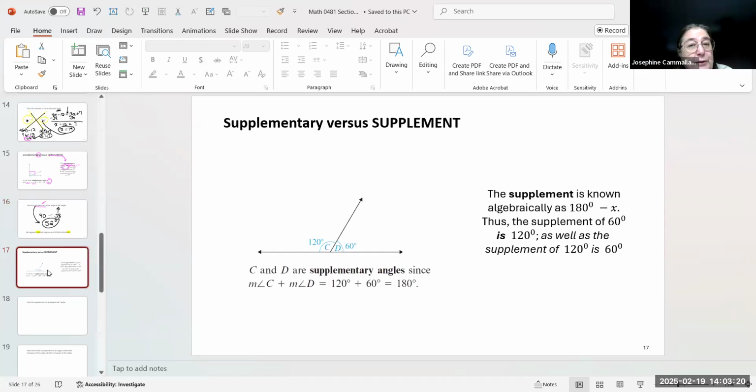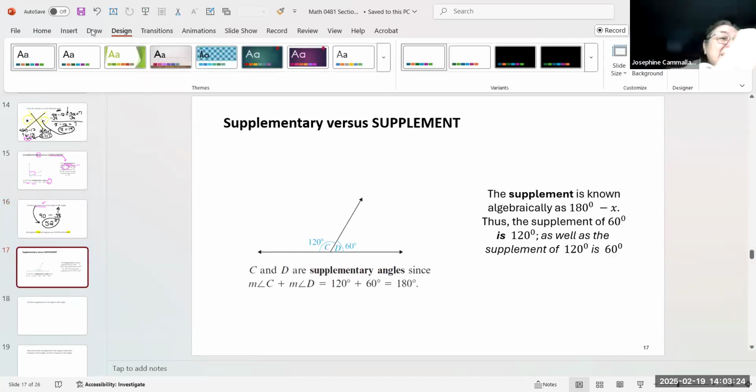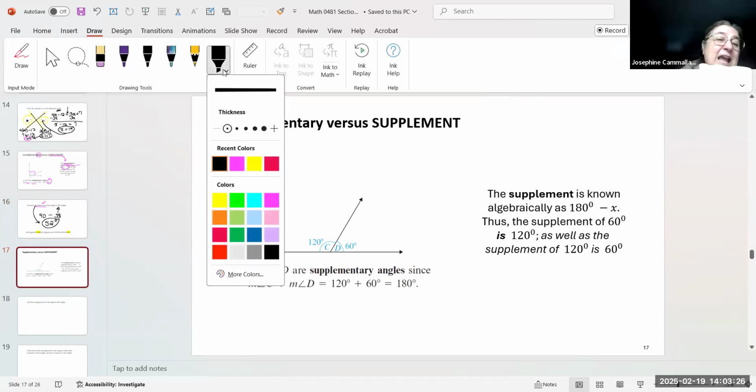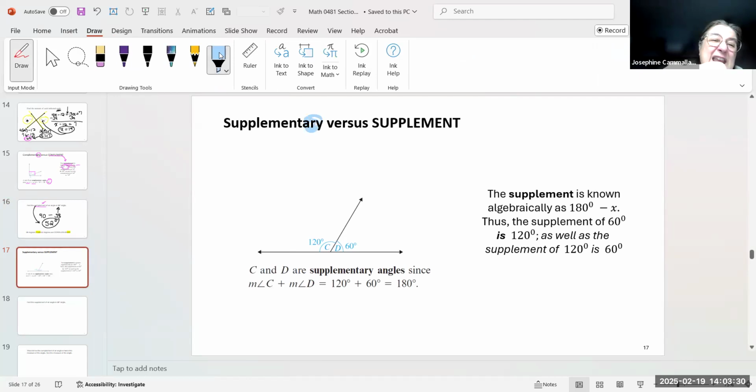Now, we're going to go a little further. Okay, here again. Notice what we have. This has got the ARY. Supplementary. Now notice, it's along a line.